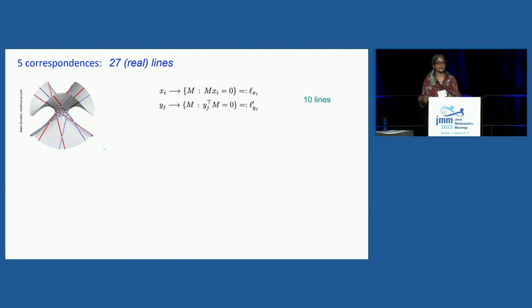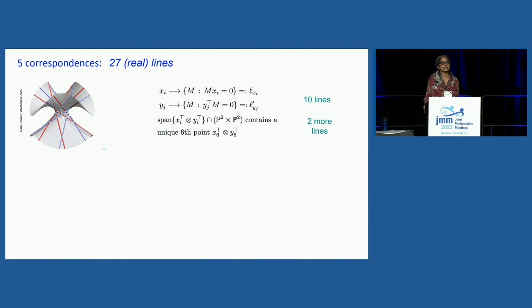So they are the blue lines, and there are 10 such lines altogether. 5 lines from the xi's, 5 lines from the yi's. But now it turns out that these 10 lines secretly carry with them a 6th pair of lines. And you get them by just looking at the span of these Kronecker products, which are rank 1 matrices, if you like. So if I take the span of 5 rank 1 matrices, generically I have a P4.